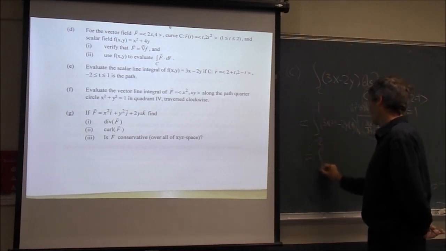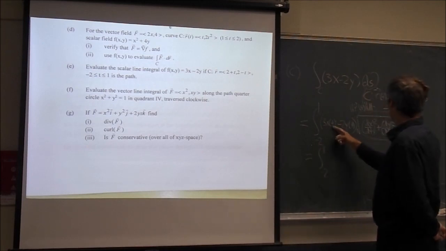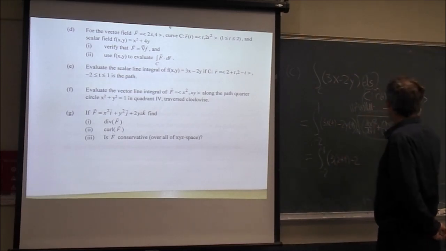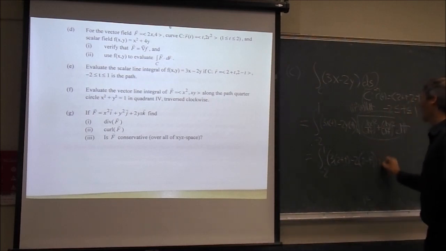So this is going to be the integral from minus 2 to 1 of, let's see, 3x of t, which is 3 times 2 plus t, minus 2 times y of t, which is 2 minus t, times the square root of (dx/dt) squared plus (dy/dt) squared, where dx/dt is 1 and dy/dt is minus 1.